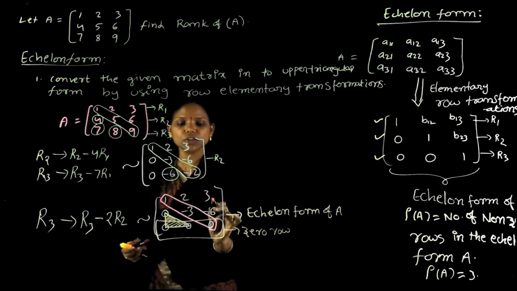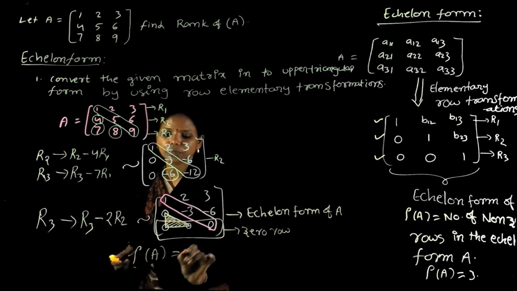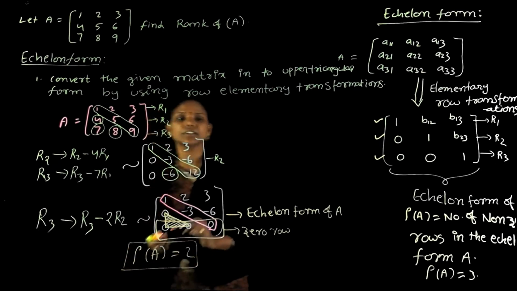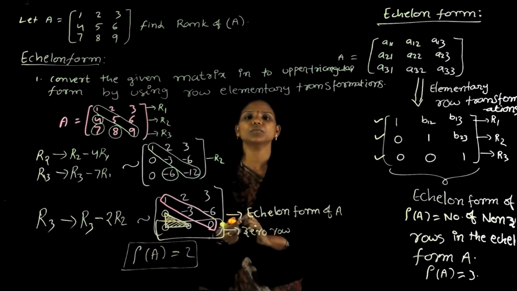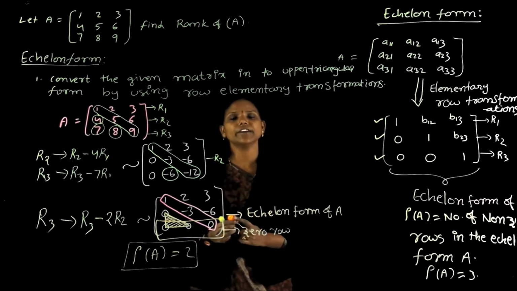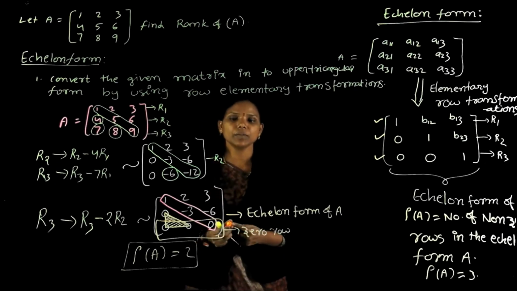So how many non-zero rows? 2. Then rank of A equals 2. Like this, we can find the rank of a matrix by using echelon form. It is a very easy method to find the rank of any matrix, not only square matrices, we can find the rank of a rectangular matrix.